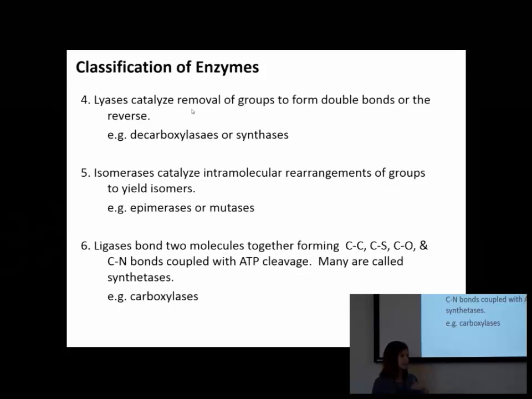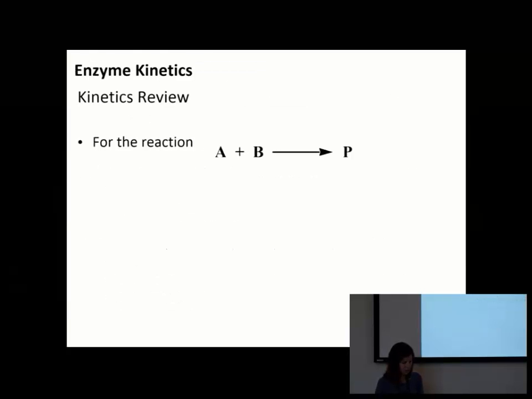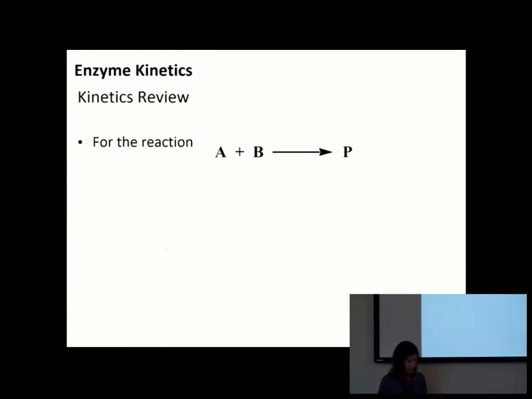All right, so what we're going to do now is do our kinetics review. Remember, again, that thermodynamics is going to tell us if the reaction is going to proceed, negative delta G. But it's not going to tell us about the rate. Our kinetic studies are going to tell us about the rate, and I'm more interested in the mechanism.